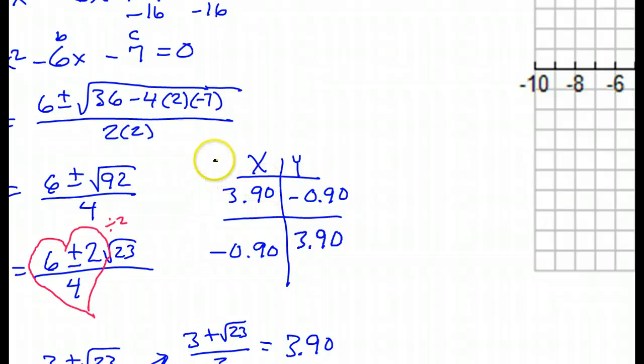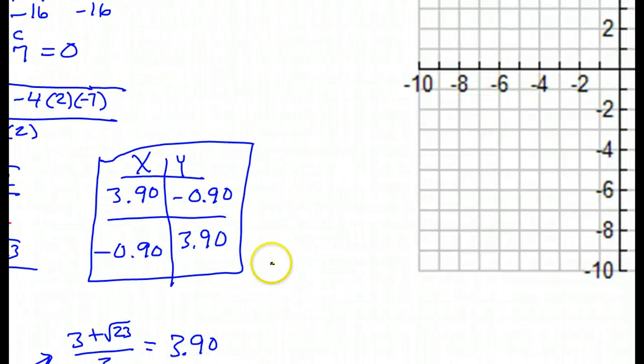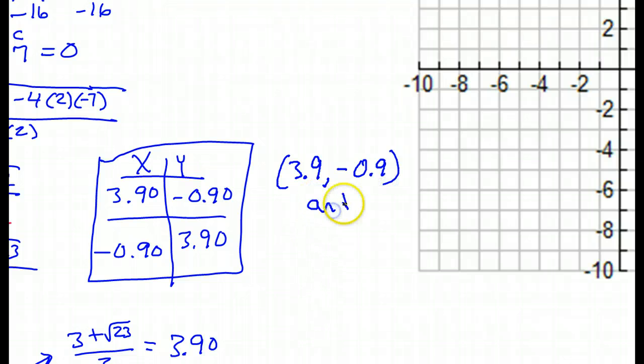Okay, so these are the solutions in decimal form. And I could have also written them this way, 3.9. I'm going to go ahead and leave off the 0 for now. 3.9 comma negative 0.9 and negative 0.9 comma 3.9.